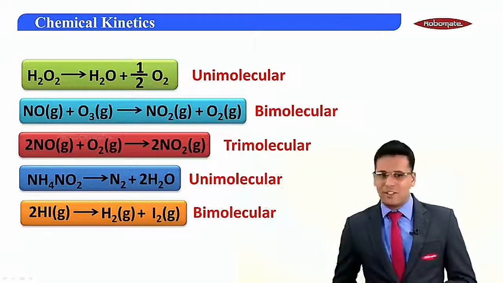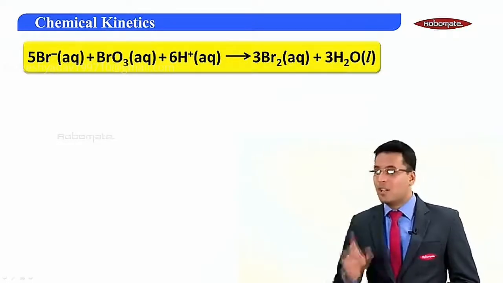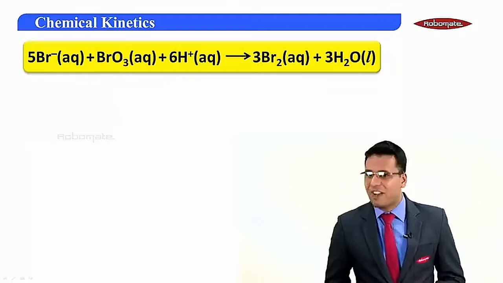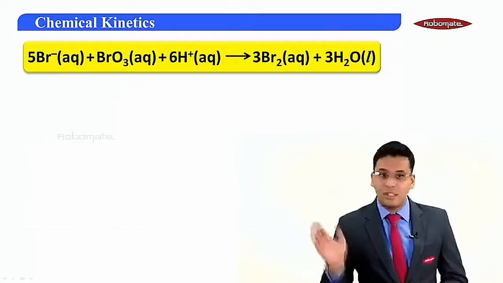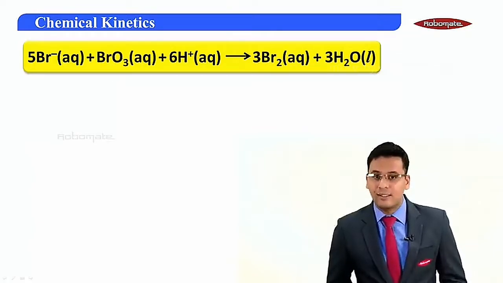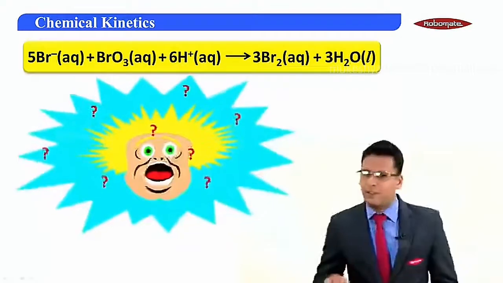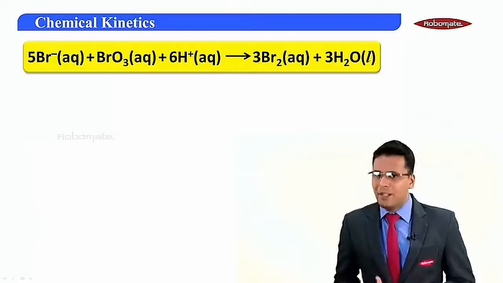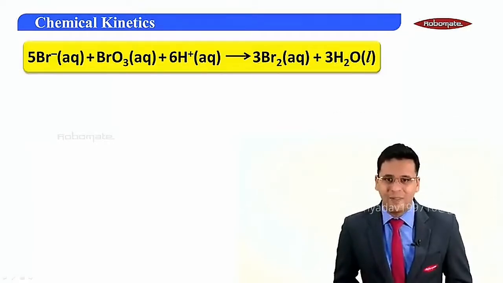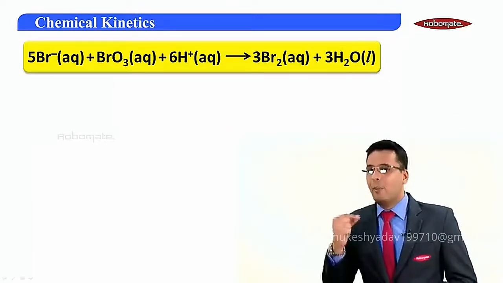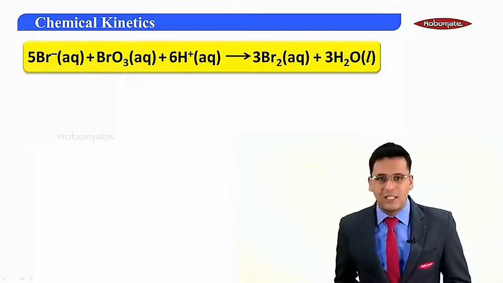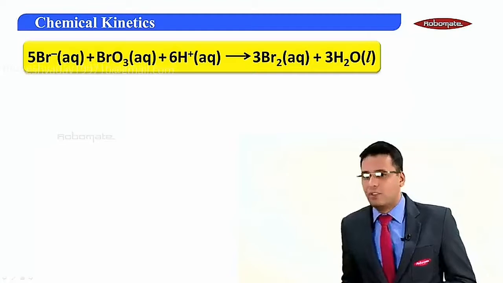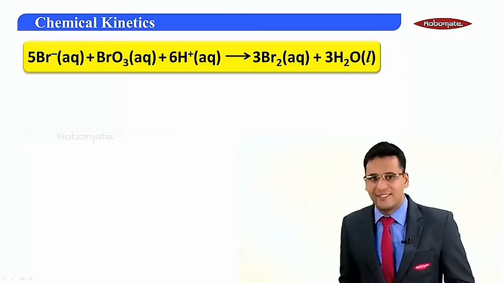Now, this is really very simple, but what about such a chemical reaction? 5Br minus plus BrO3 minus plus 6H plus giving products. Please don't make such kind of faces. It's really very simple if you think about it. I can see that the molecularity is 12.